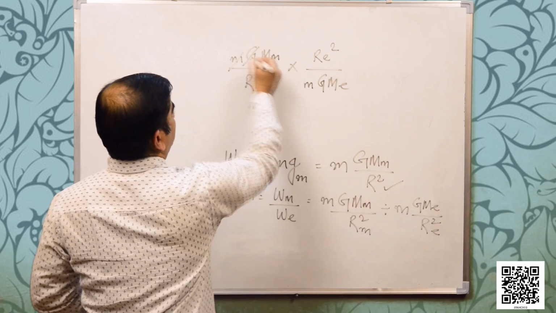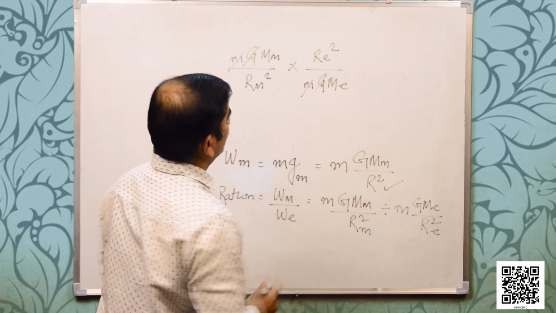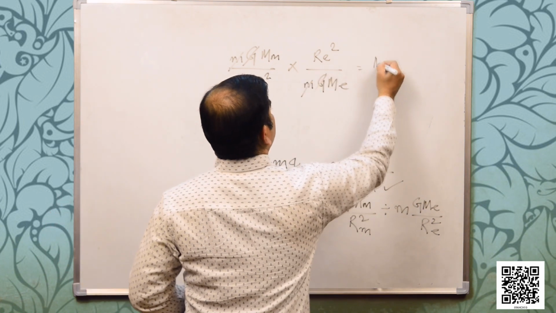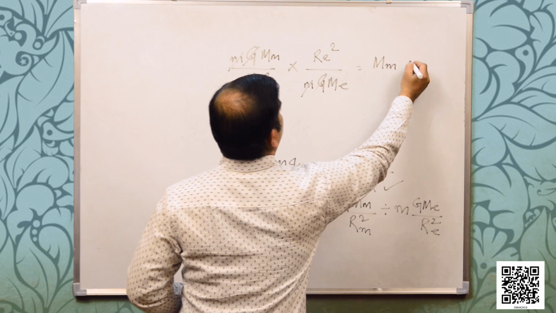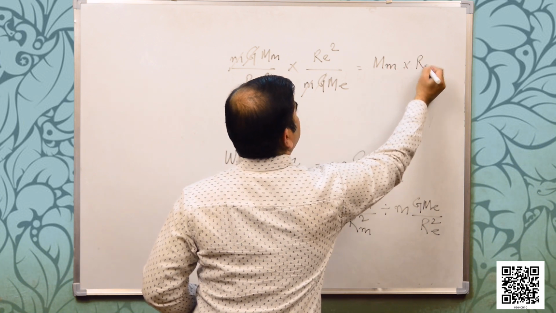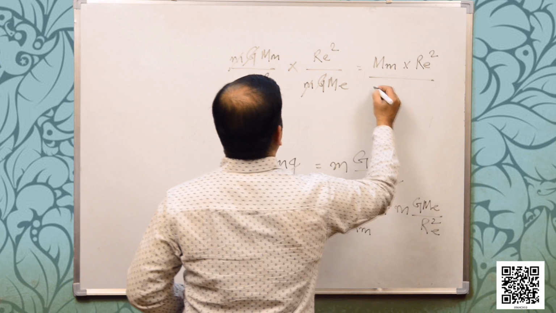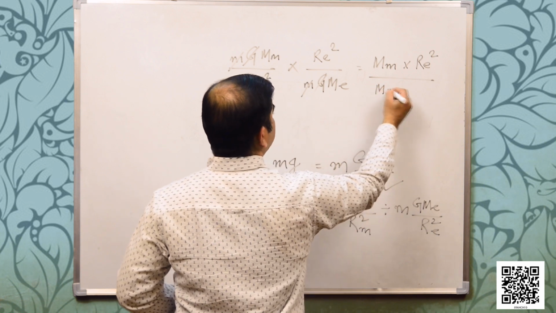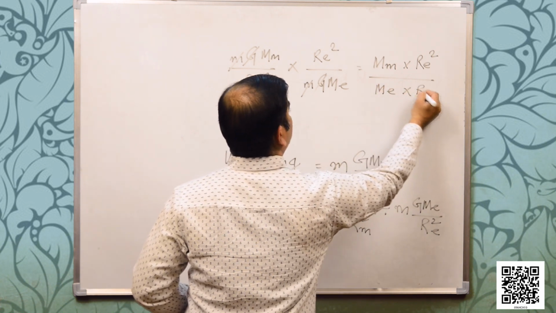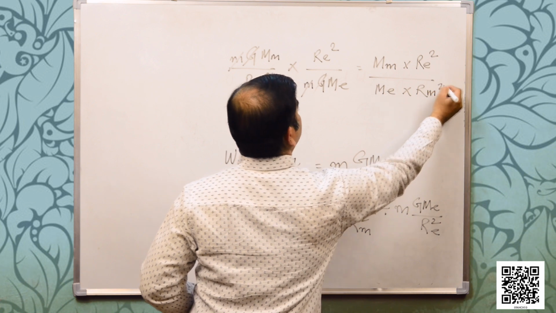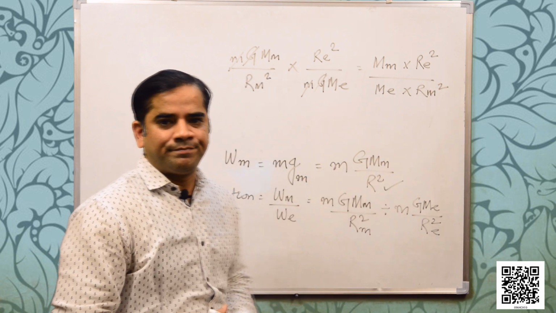We can cancel out both of these. So, what remains is mass of moon into radius of earth square divided by mass of earth into radius of moon square.